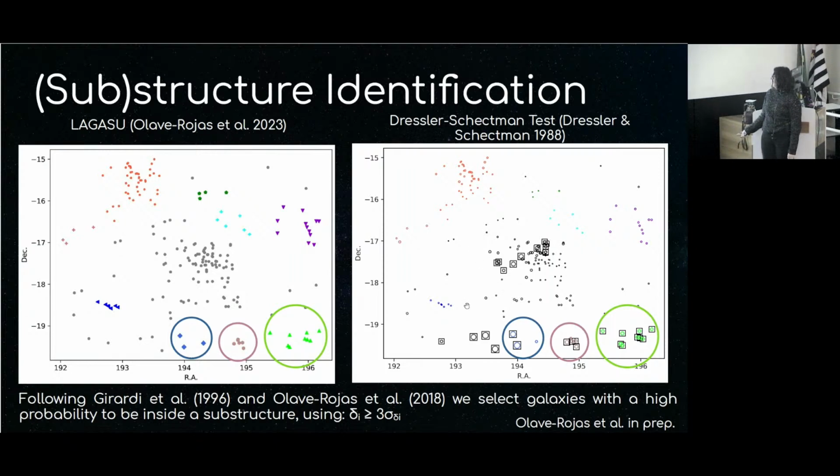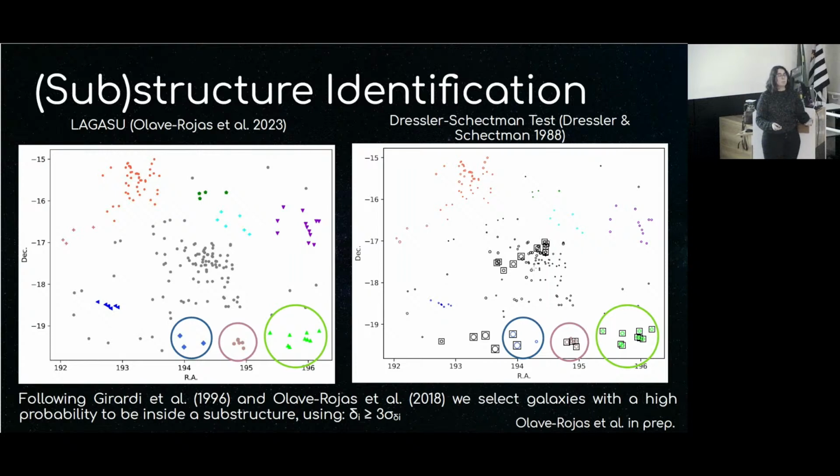In this case, galaxies with high values correspond to galaxies in the square, and this galaxy has a high probability to belong to a substructure. You can see, for example, these 3 substructures are identified using clustering algorithms and also appear when you use the Dirichlet-Checkman test.